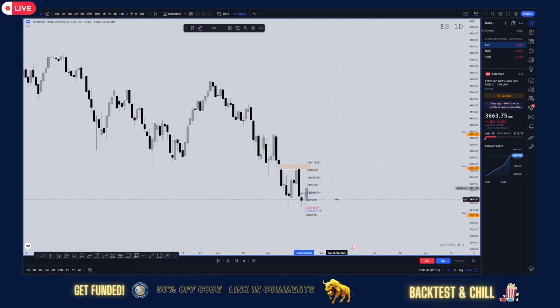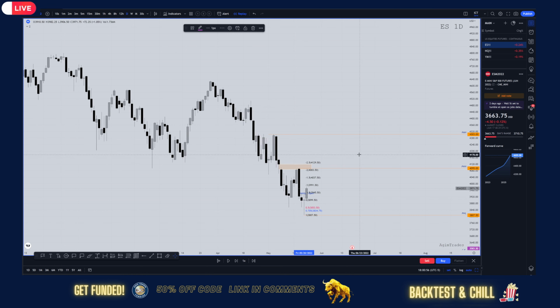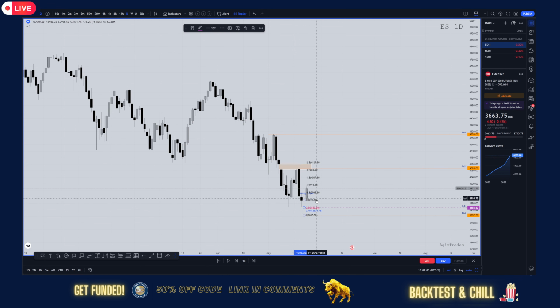So I'm going to go ahead and move the coordinates for that to consequent encroachment, which is at the 50% fib level, 385,350. There we go. Okay, so that could be a strong area of resistance.